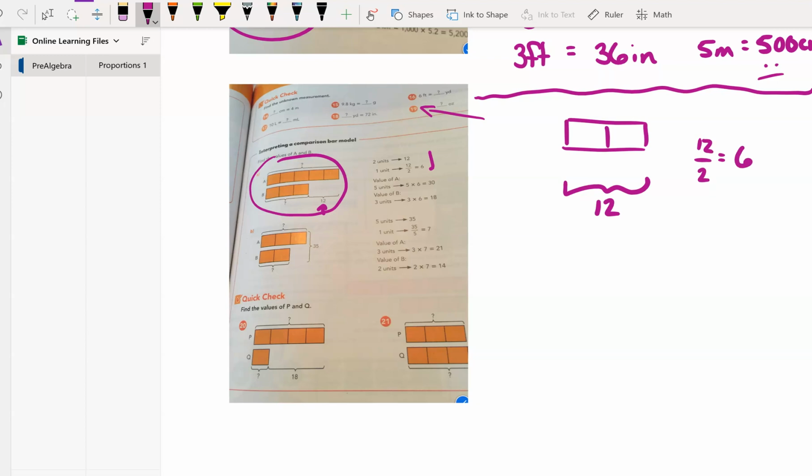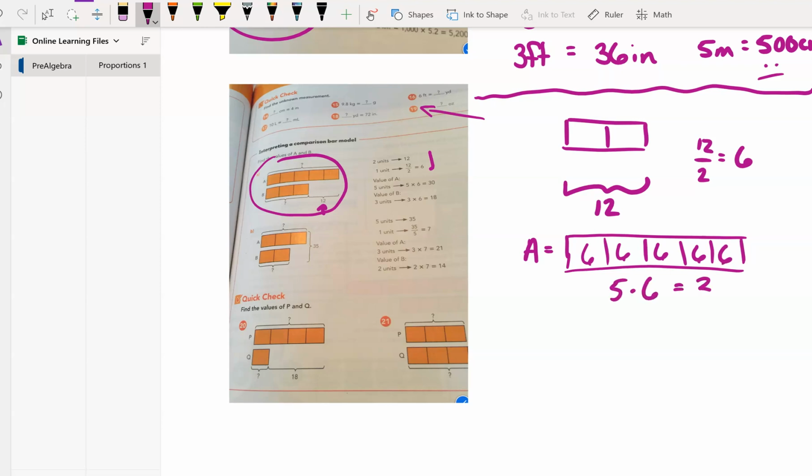So when we work with algebra, we'll assign that mystery box a variable and use it to solve equations. So we'll save that for later. But basically what they have here is, then you know that the top line A, because it is made up of 5 boxes, 1, 2, 3, 4, 5, each having a value of 6, that 5 times 6 is going to be 30.